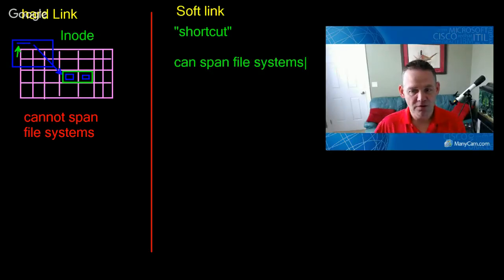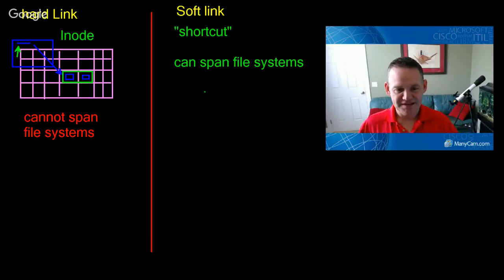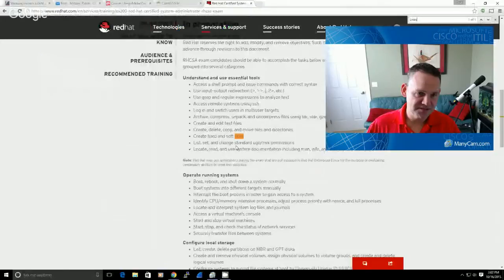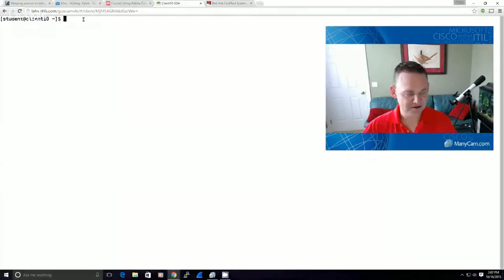So we're going to look at hard links first, and then we'll take a look at soft links, and hopefully you'll have the information you need to answer any potential question that you might see on the exam. All right, so hopefully I'm still logged in to my box.